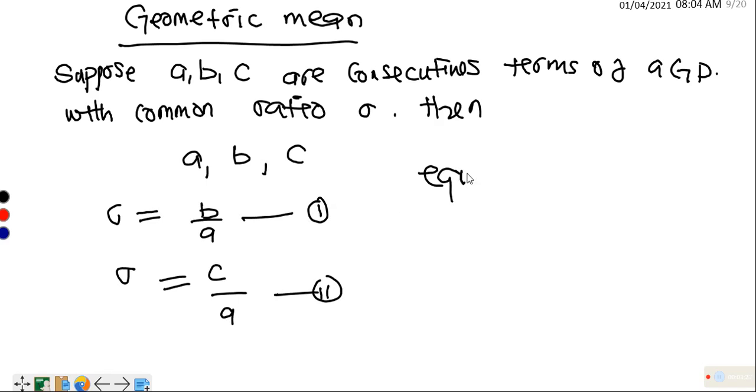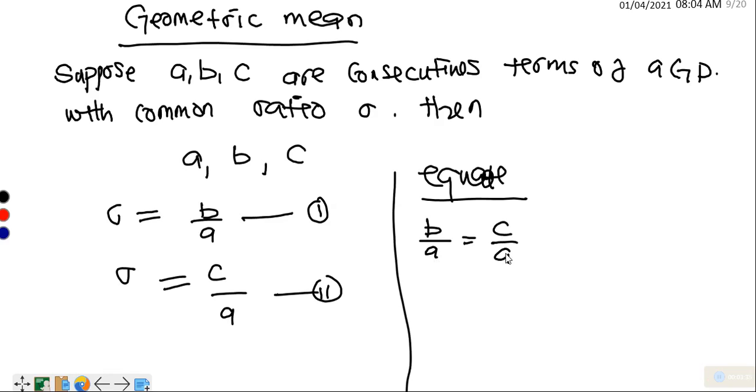So if you equate equation 1 and 2, of course we have B over A equals C over B. So if you cross multiply, we have B squared equals AC.